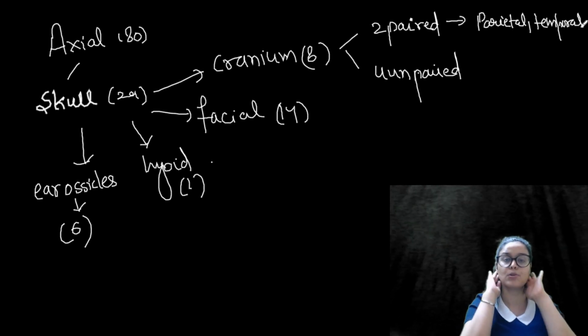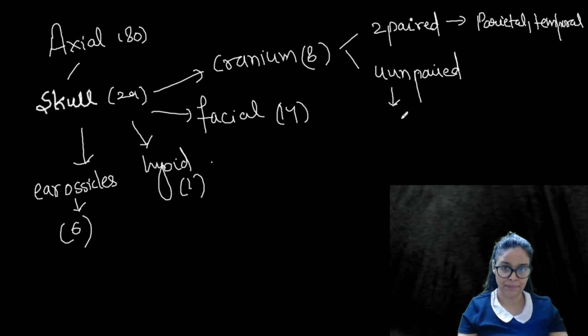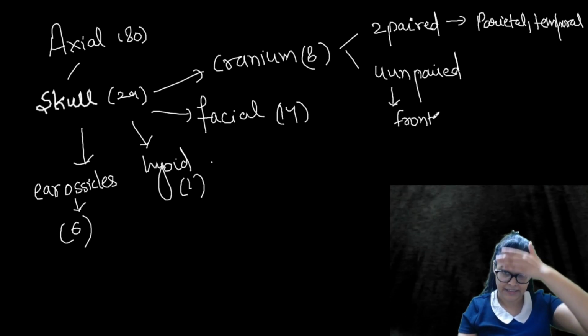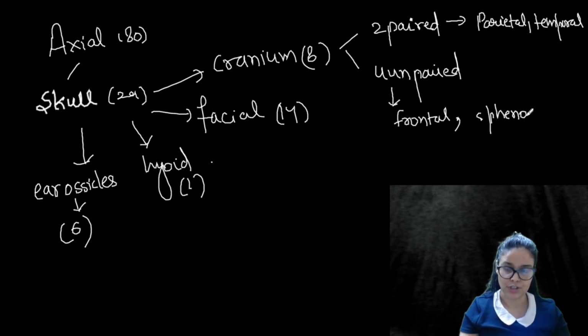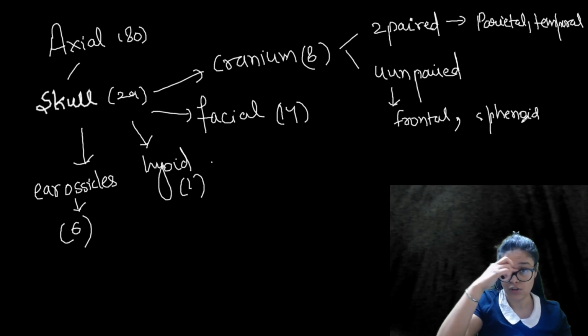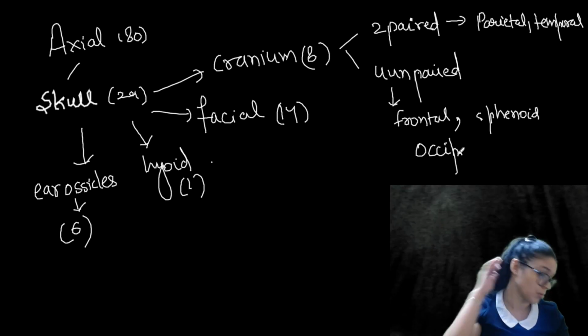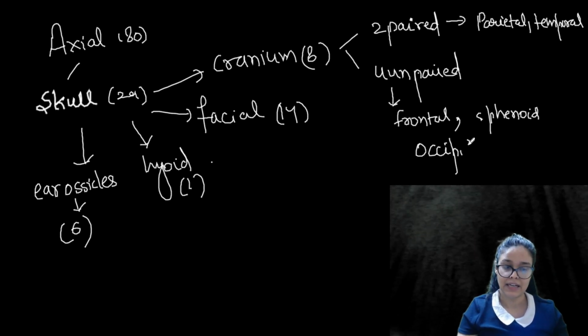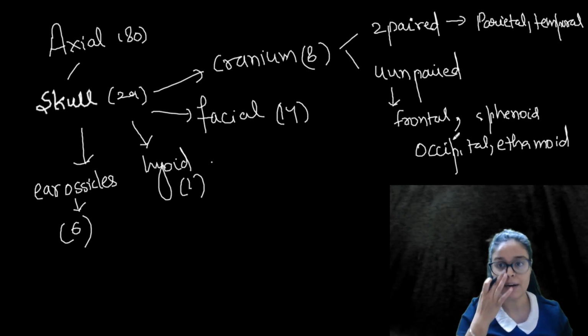Parietal and temporal are near the ear, this part, right? And if we talk about unpaired, we have frontal, this part. We have sphenoid, which is present here at the base of this particular cranium. We have occipital, which is the posterior part of the cranium, and we have the ethmoid part, right? So all of these are unpaired.